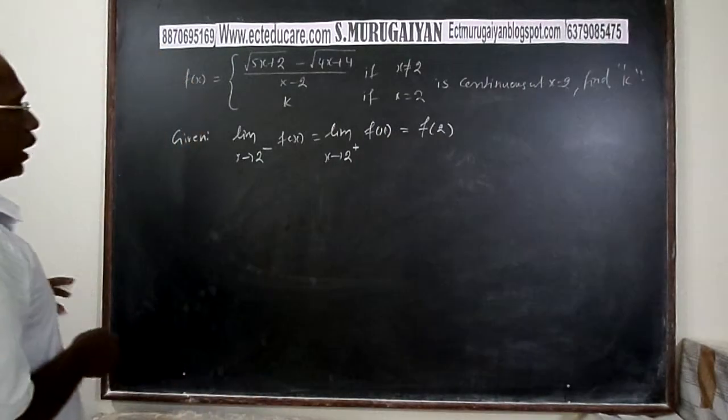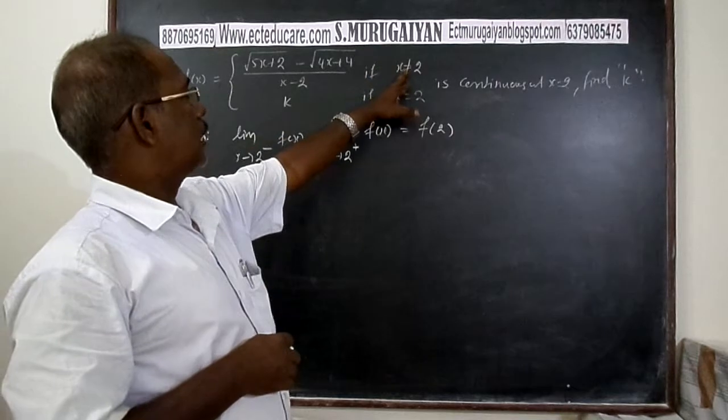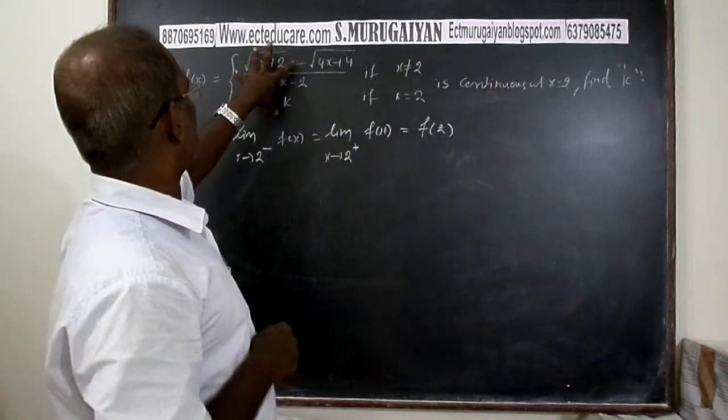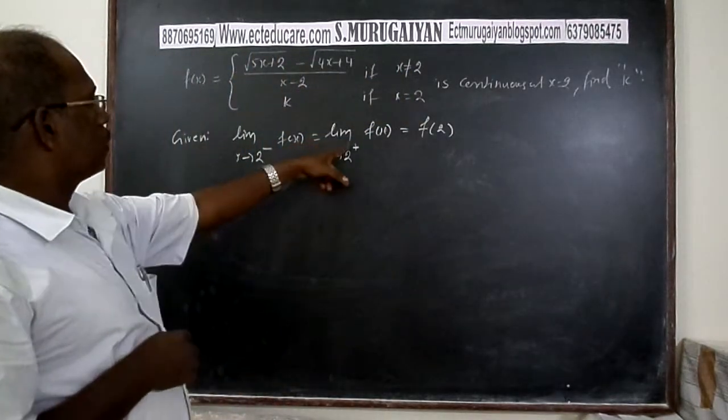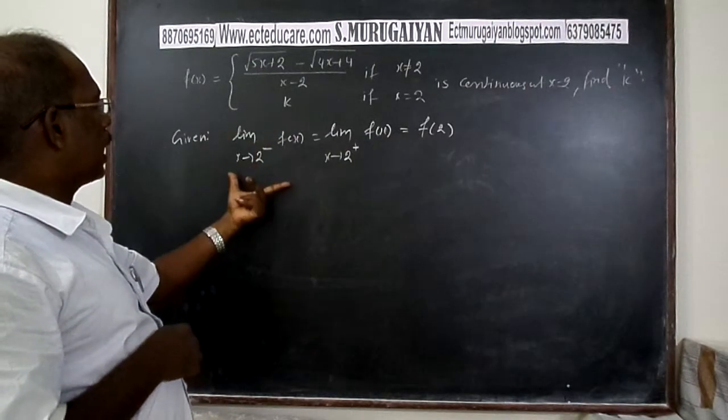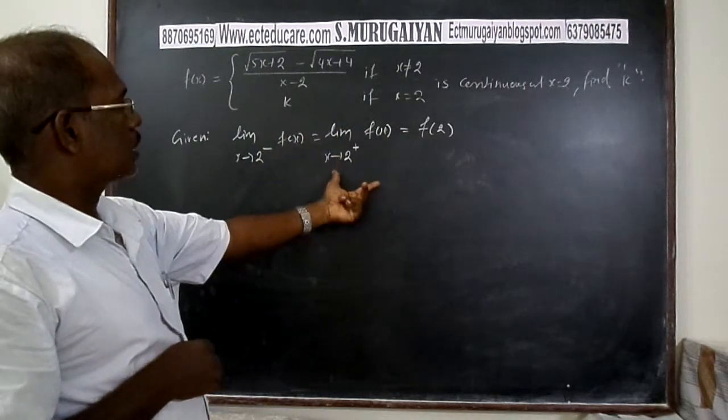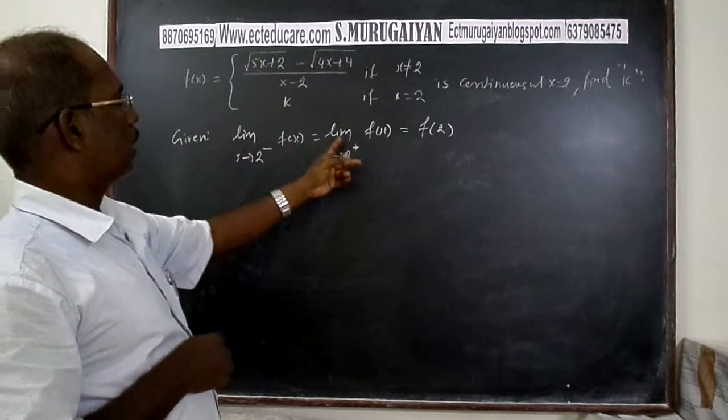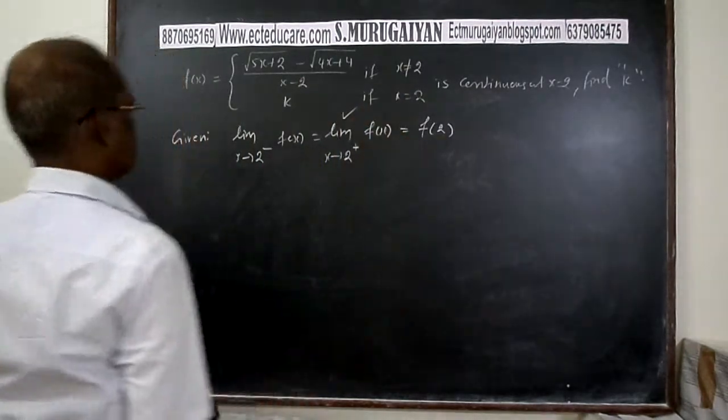means the function is continuous at x equal to a. Okay. So for less than 2 or greater than 2 it is the same function, so we need not test both. We can take either the left hand limit or the right hand limit alone. So let us take the right hand limit and f of 2.